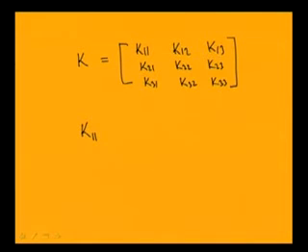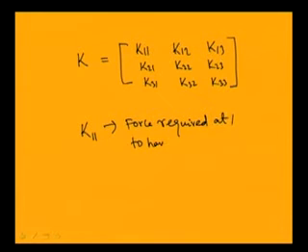So, this is the force required at 1 to have unit displacement at 1, while the displacement at other places equal to 0.